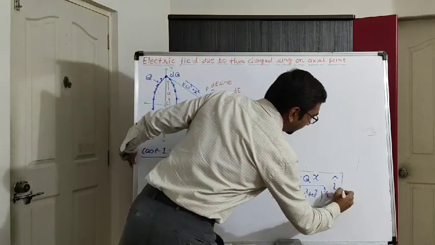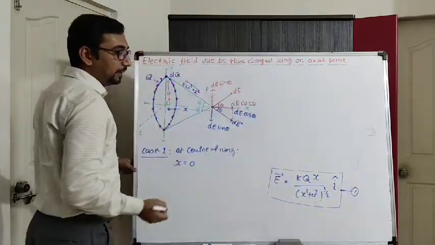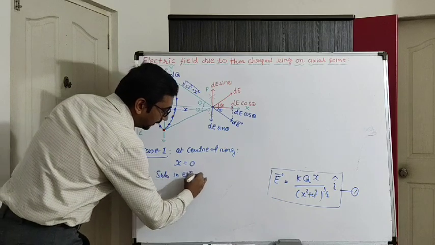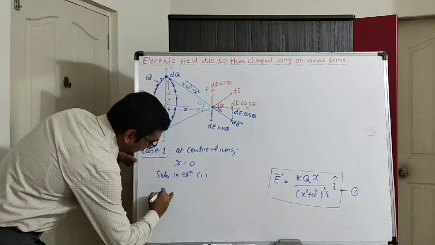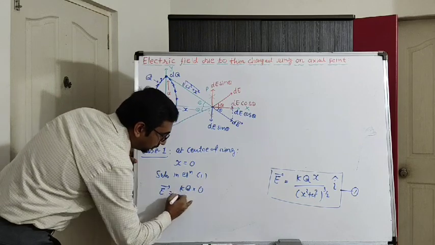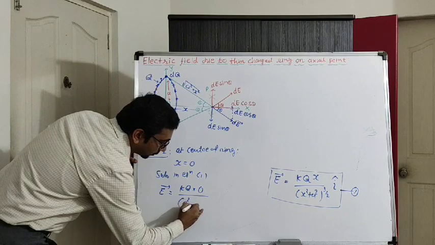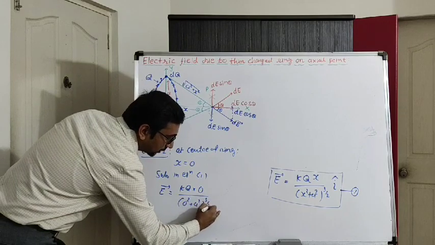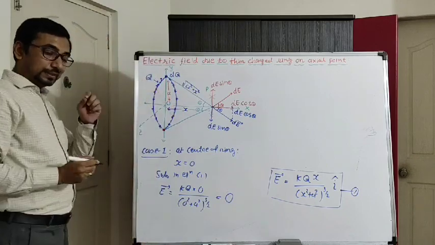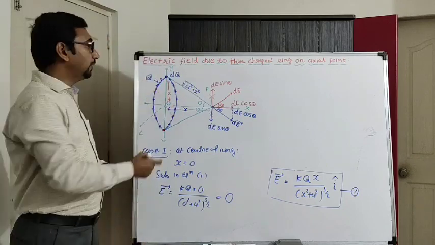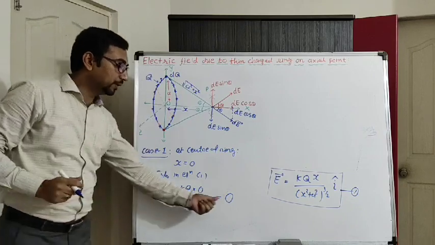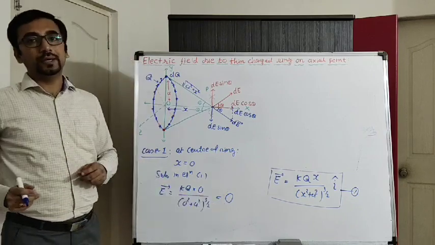If we substitute x is equal to 0 in equation number 1, then E is equal to kq into 0 upon (0 square plus a square) raised to 3 by 2. So this will be equal to 0. That means electric field due to a uniformly charged ring at its center is always 0.